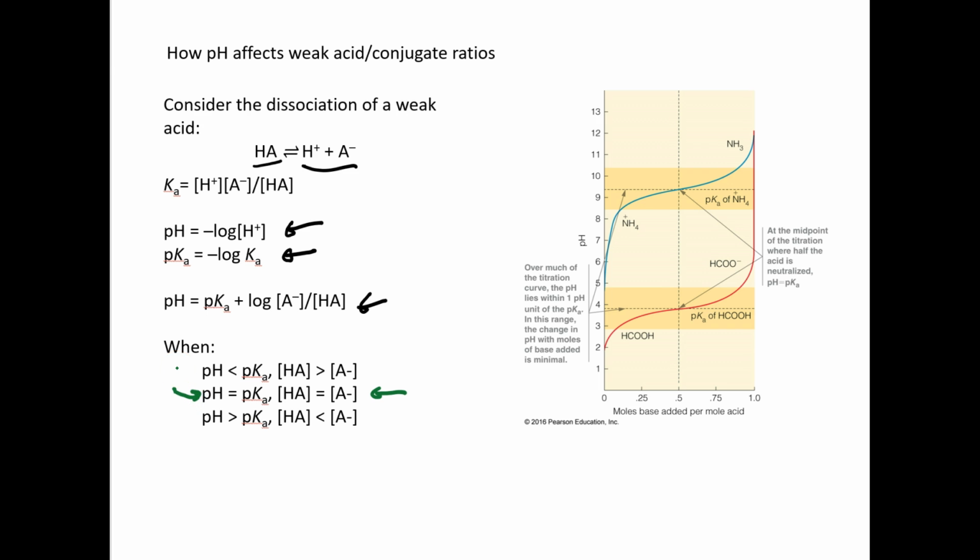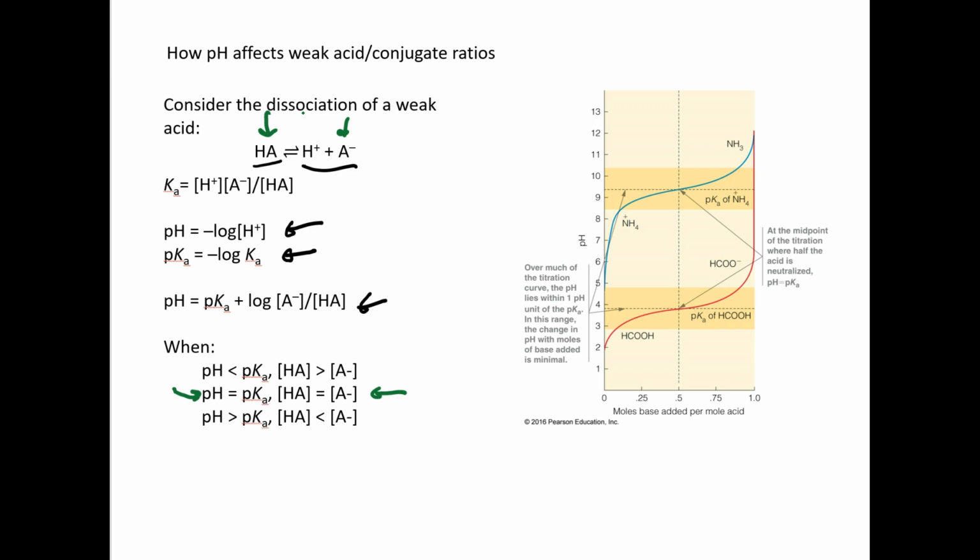So if you have a pKa of an acid and it's 4.76, and you put it in a solution that is also exactly 4.76, what you'll get is a 50-50 ratio of the acid to the conjugate base in solution. You'll also have an equal concentration of free proton being contributed from that weak acid.